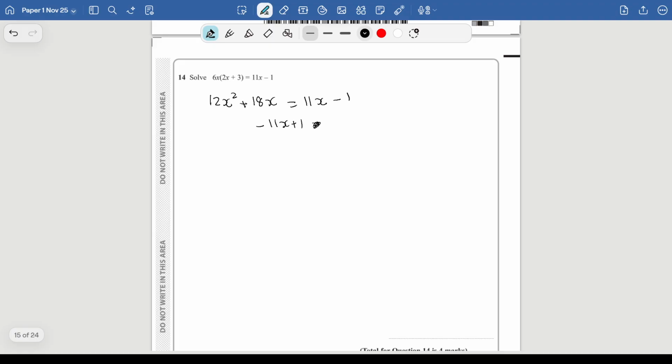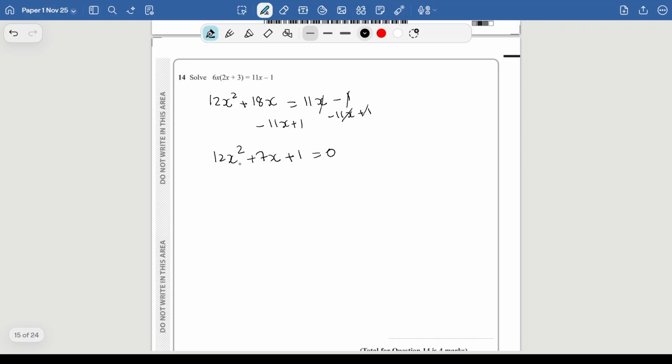So here also, if I'm taking minus 11x plus 1, I get rid of this. So we have 12x square plus 18x minus 11x, which is 7x, plus 1 equals 0. We don't have anything left over here on the right side.